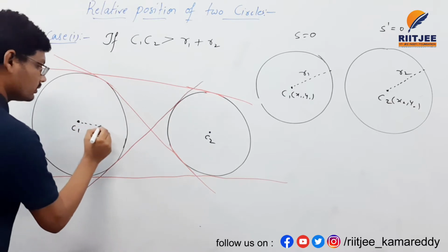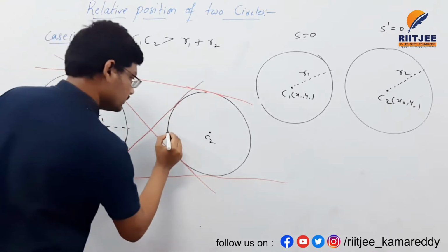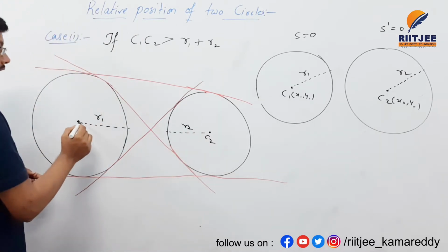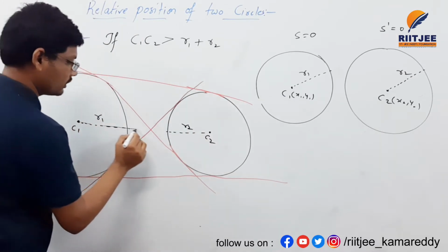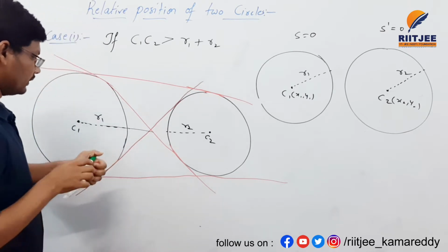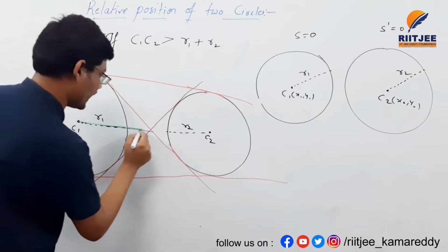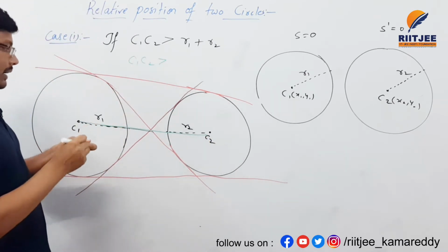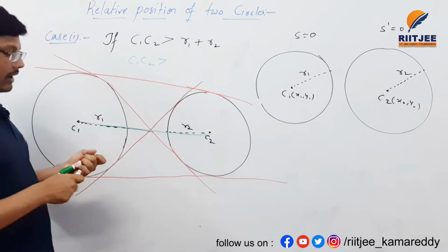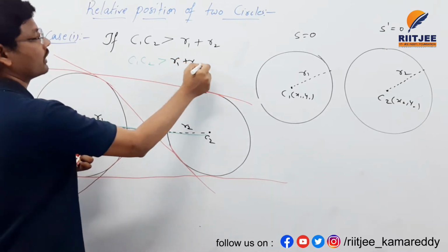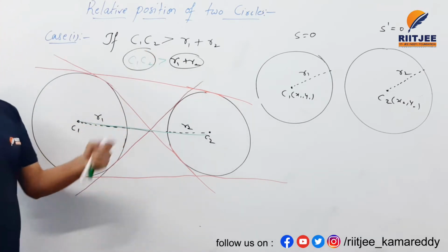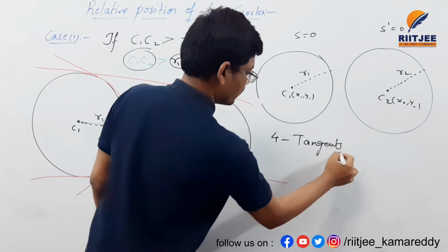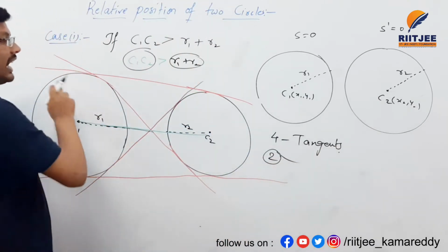This is R1 and this is R2. When the distance between these two circles, the distance between center C1 and C2, is greater than the sum of two radiuses here, the sum of two radius R1 plus R2, 4 tangents are possible here. 2 tangents are direct tangents.